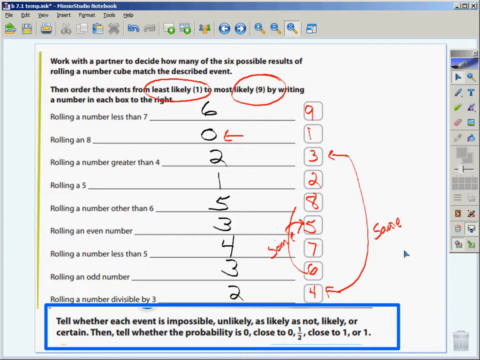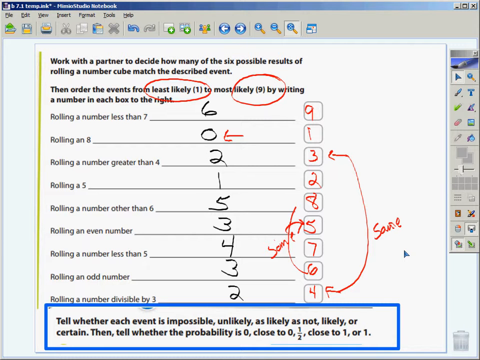If it's as likely as not, that would be a half. If it's more likely, that means it's getting close to 1. Or if it's certain, that means it really would have a value of 1. So, the easiest ones to decide are the ones that are impossible and the ones that are certain.